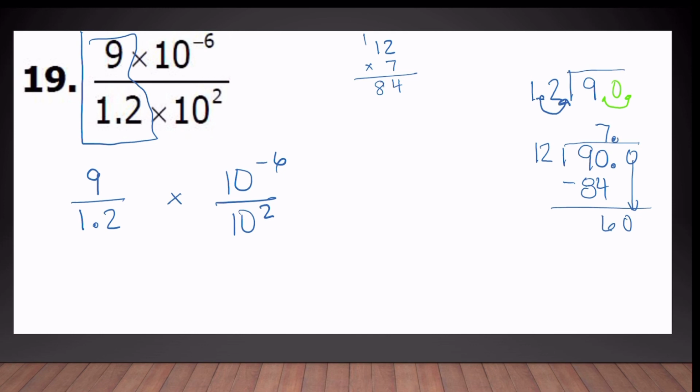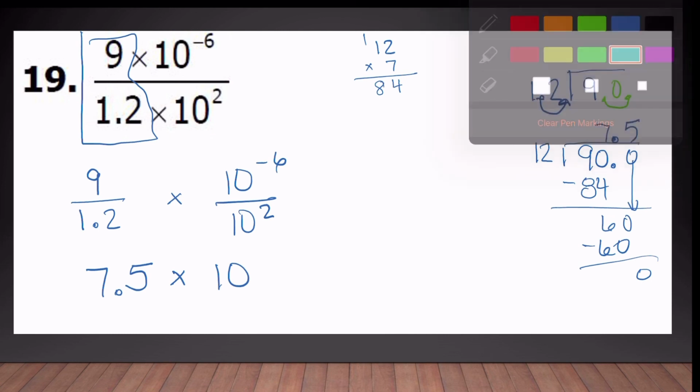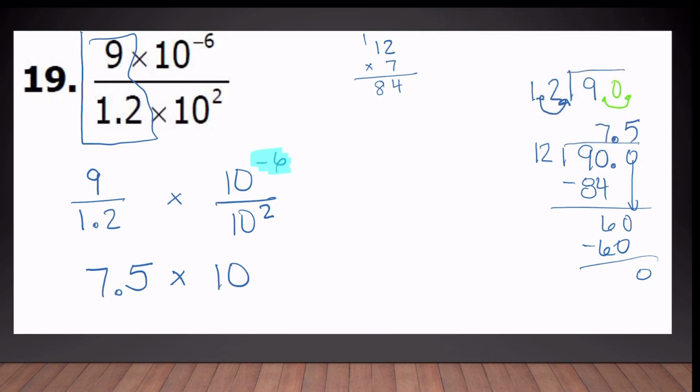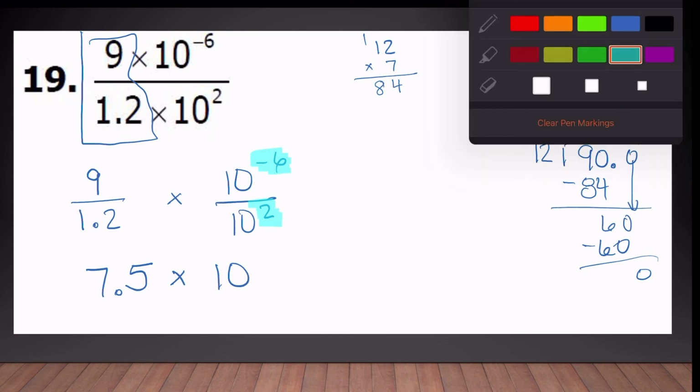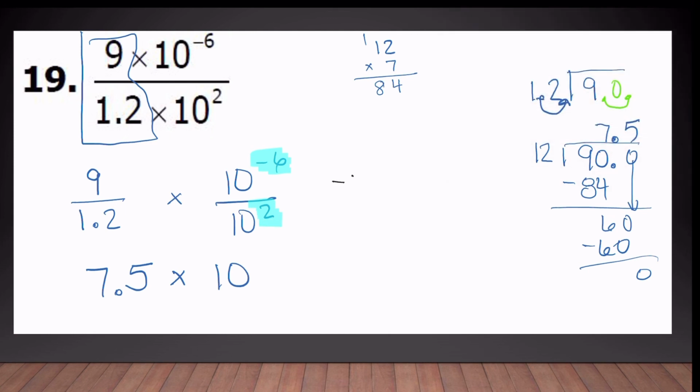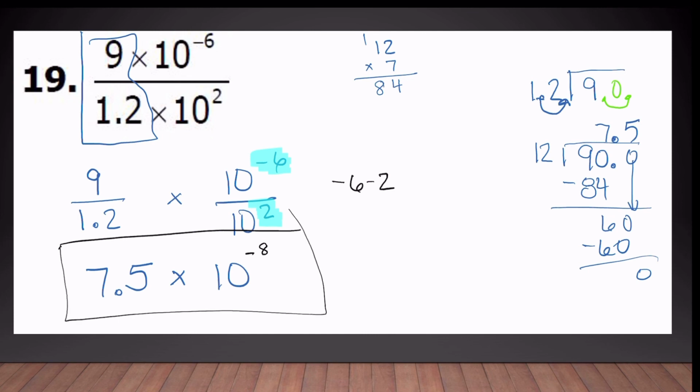This is going to go in 5 times. So I end up getting 7.5 times 10 to the, well, I'm doing subtraction here. Negative 6 minus 2. Ladies and gentlemen, your integer rules will kill you. Negative 6 minus 2 is a negative 8. It's always the number on top minus the number on the bottom.